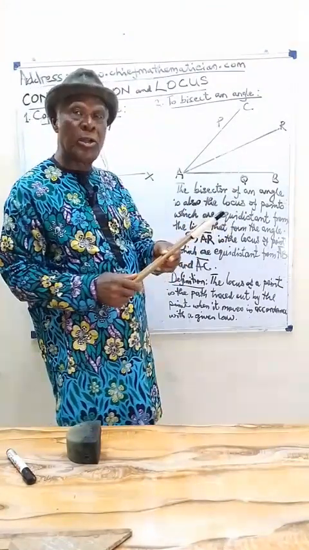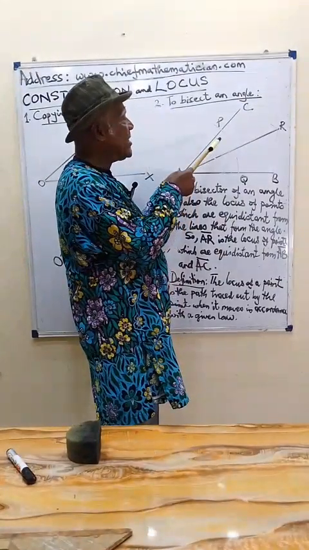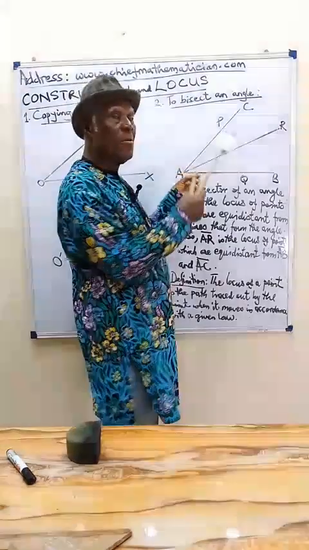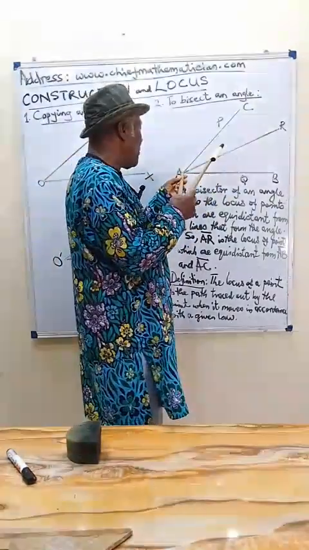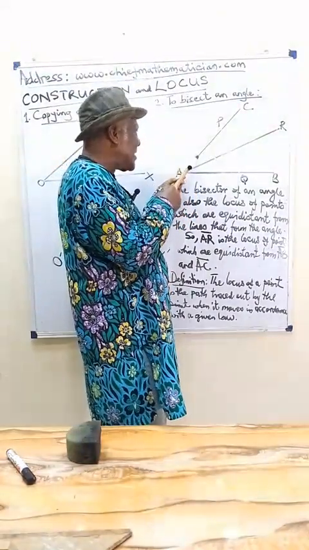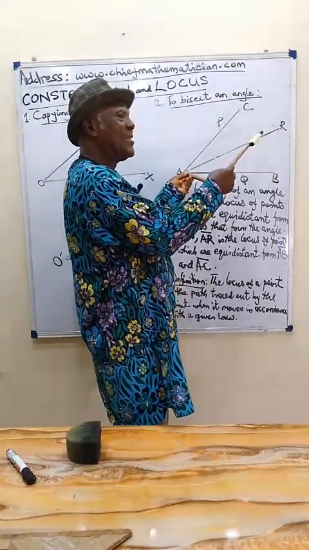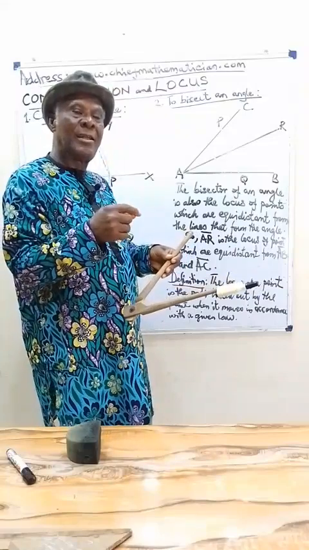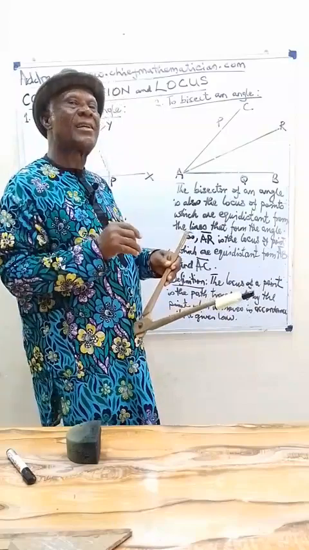I want to go through it again. With A as center and a convenient radius. You see, when we talk about convenient radius, if you use A as center and begin to use a small radius like this, or you put it outside the lines, you won't get any good result. So you have to determine a convenient radius.